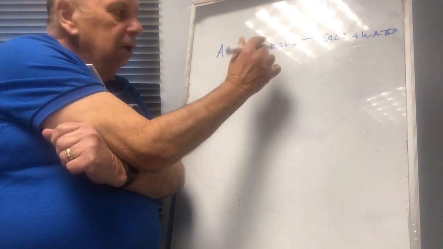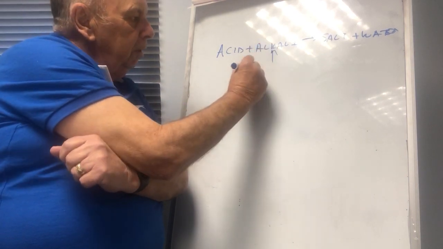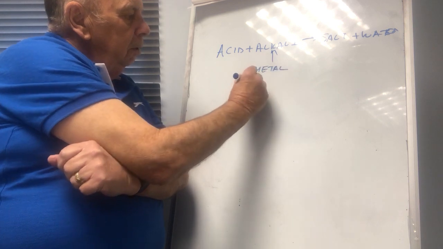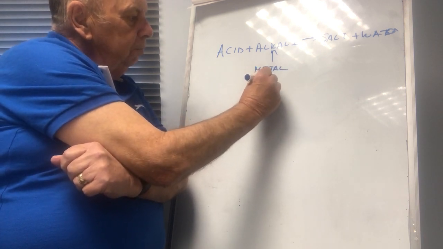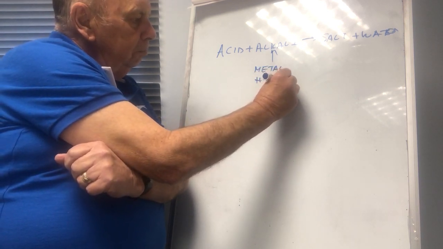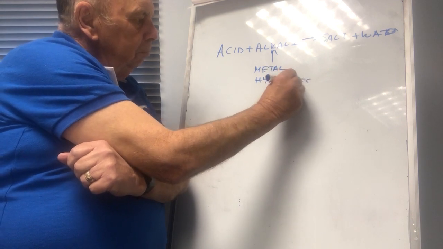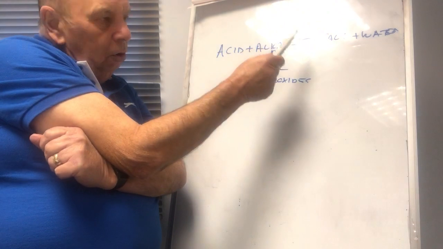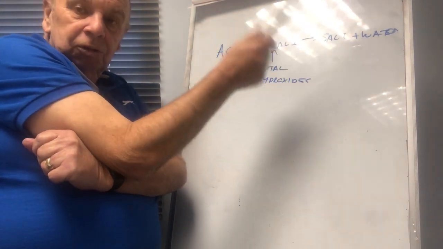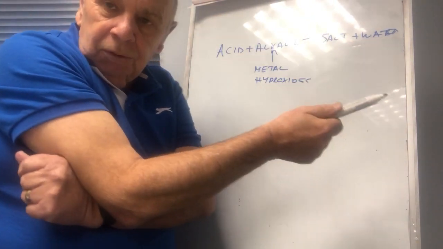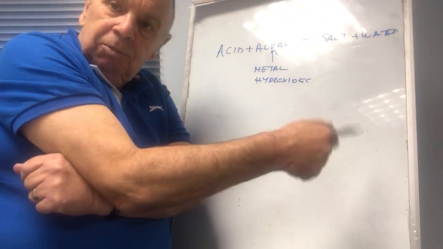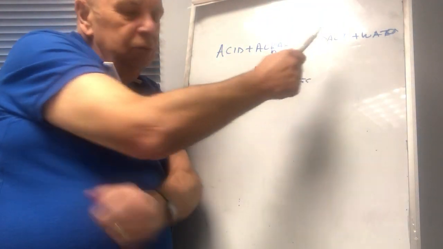These alkalis are generally metal hydroxides. So, acid plus alkali gives you salt plus water. The neutralisation product, when acids react with something, like I said not long ago, gives you a salt.